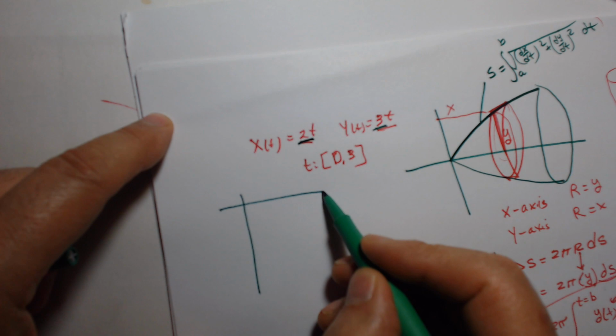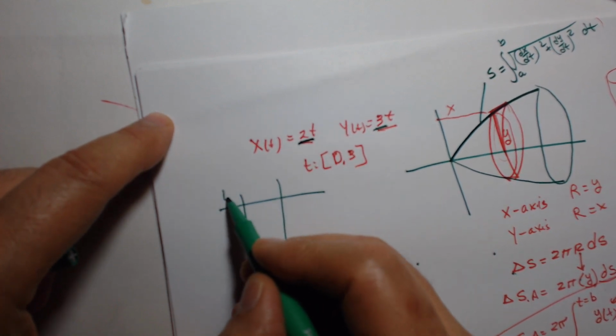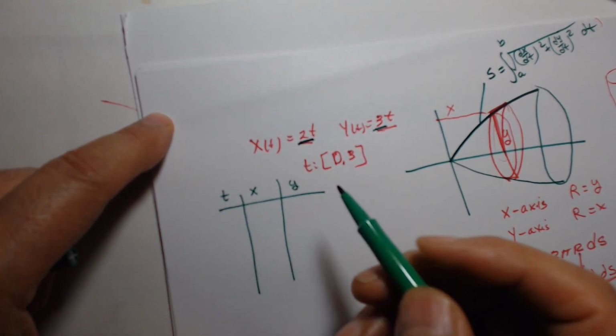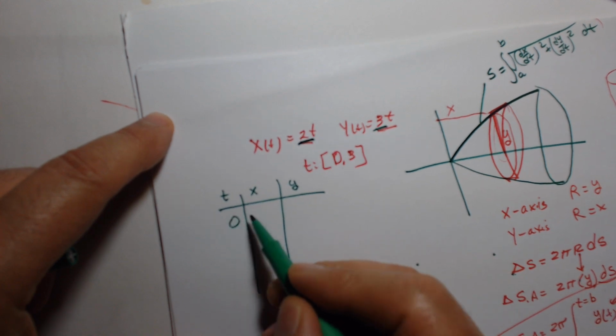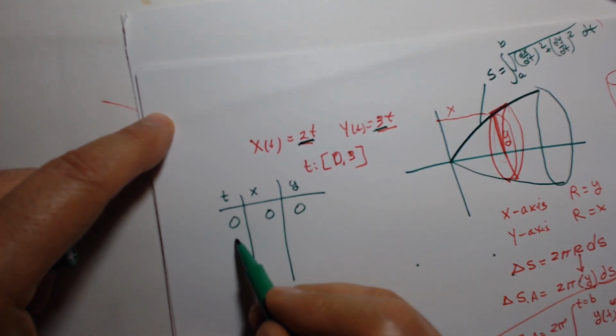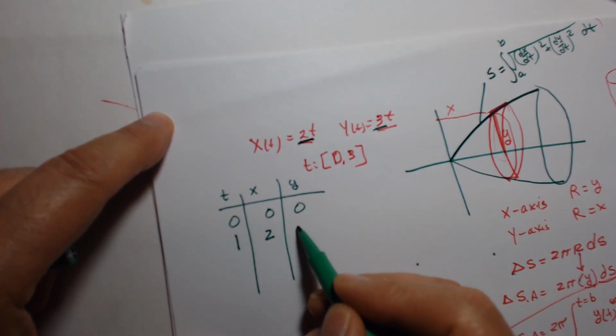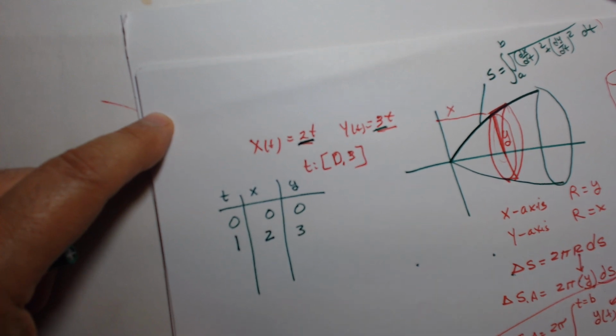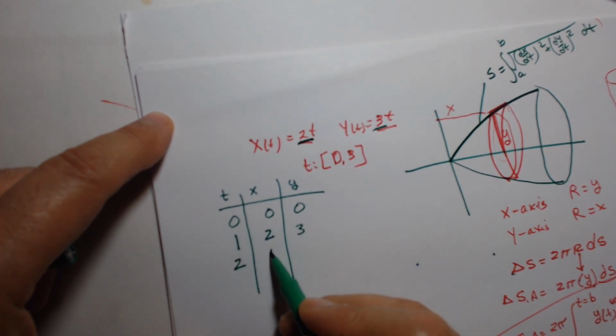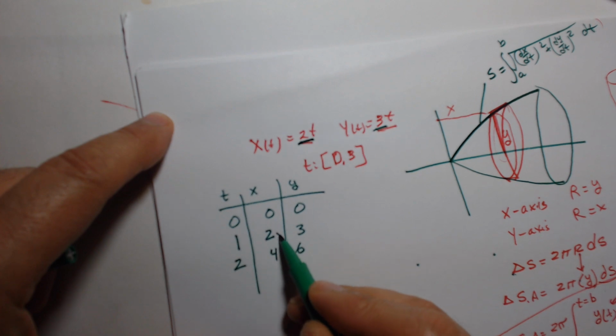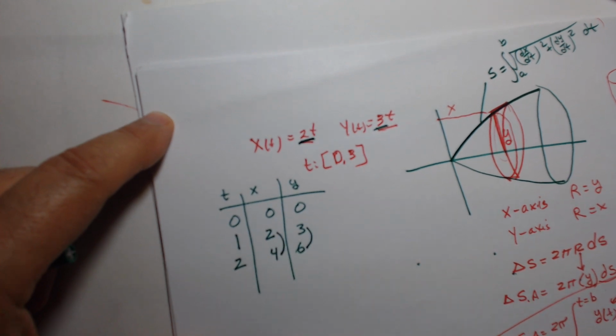Somebody said, okay, prove it to me. Here, this is your t, this is your x, this is your y. If t is 0, both x and y are 0. If t is 1, you have 2 and 3. When t is 2, you get 4 and 6. Do you see? When you change 2, you change 3.